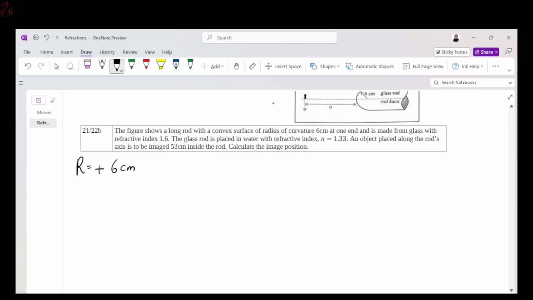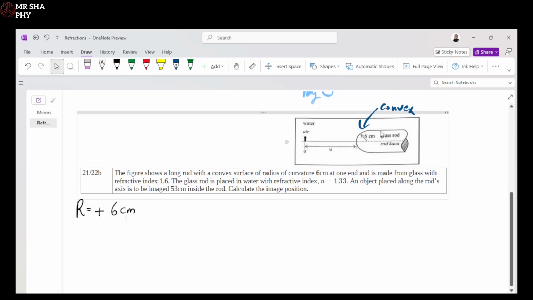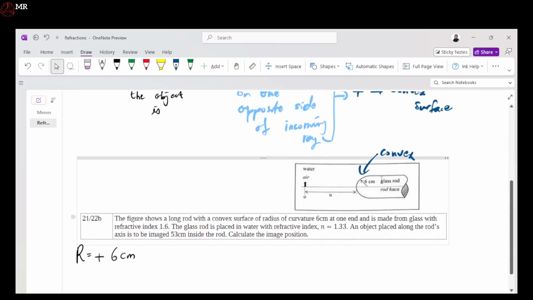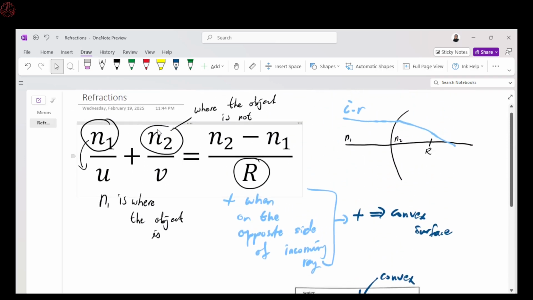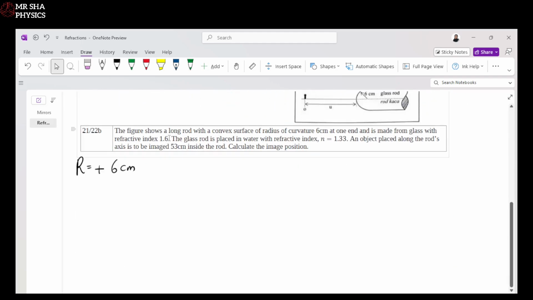If we look at the glass rod, do we have the object in there? The answer is no. So as I've said just now, n2 is where the object is not. So is this 1.6 n1 or n2? The object is not in the glass rod.